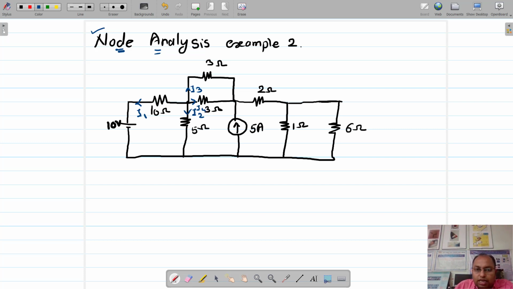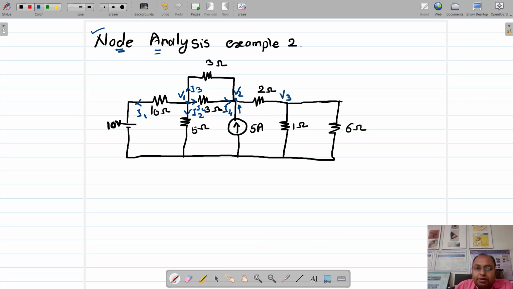So this I4 comes up to this point as it is. How many junctions are there right now? 1, 2 and 3. So the voltages at these nodes will be termed V1, V2 and V3 respectively.